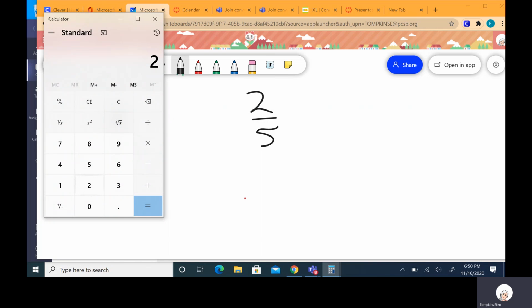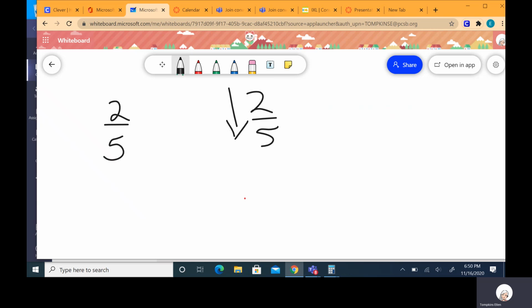You would have 2, then the divide button, and then 5. So basically going straight down that fraction.